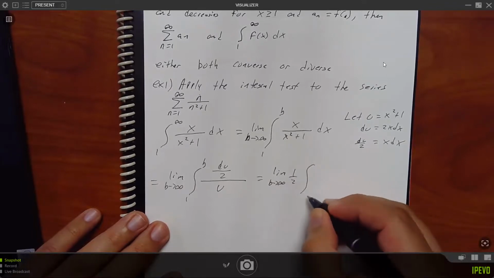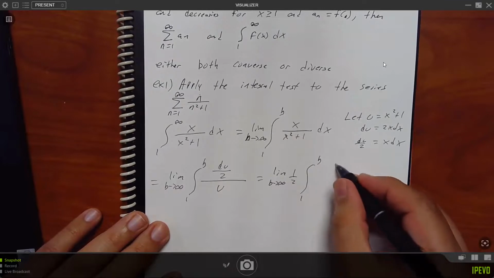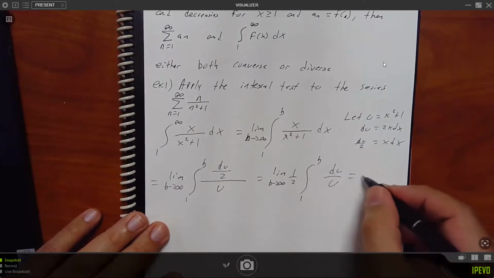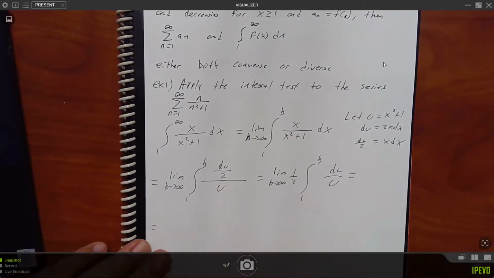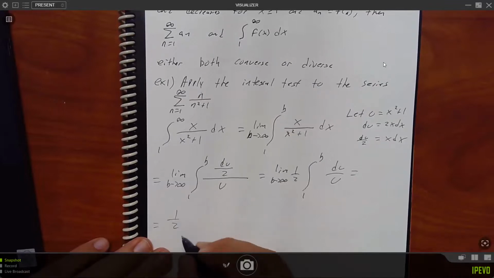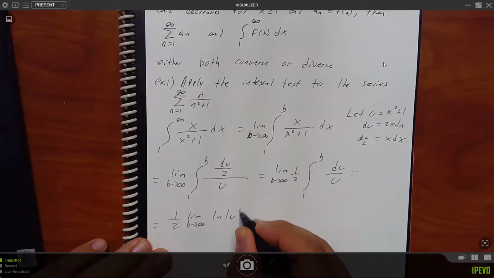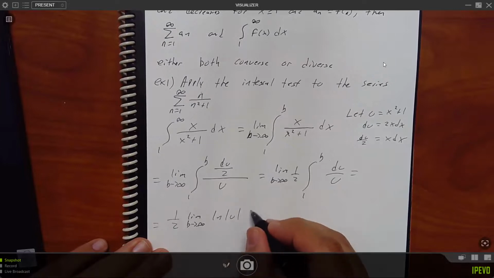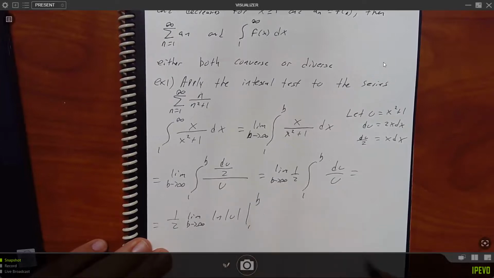That'll be the integral from 1 to b of du over u, which is 1/2 limit as b goes to infinity of ln of u from 1 to b.